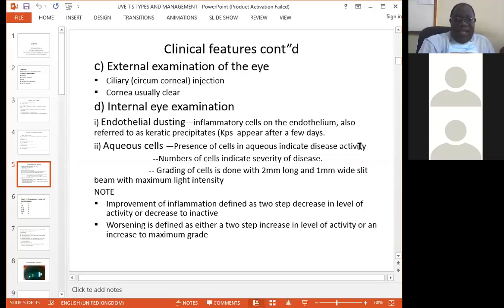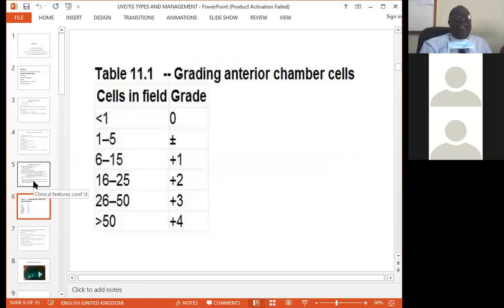Worsening is defined either as a two-step increase in level of activity or increase to maximum grade. More or less the same. This is the grading of anterior chamber cells, cells in the field. 0, 1 to 5, well, plus minus. 6 to 15, you grade it as 1. 16 to 25, 2. 26 to 50, 3, and over 50, 4.